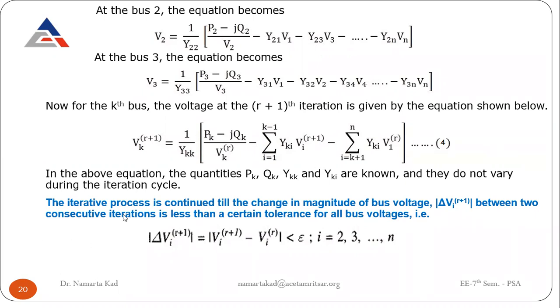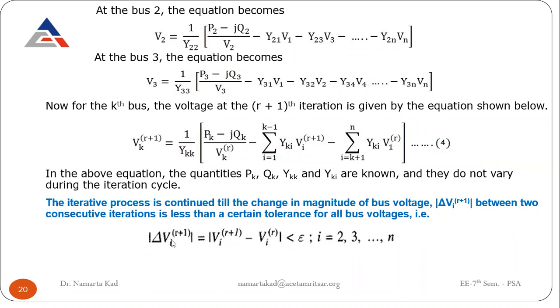The iterative process is continued till the change in magnitude of bus voltage, that is delta Vi(r+1), between two consecutive iterations is less than a certain tolerance for all the bus voltages. That means these iterations continue till we achieve similar results in consecutive iterations.